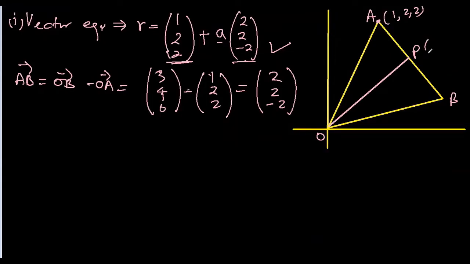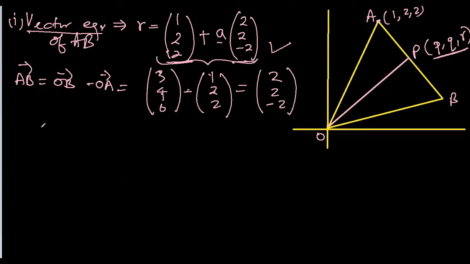Find the position vector of P. Let's give some coordinates to P in form of some alphabets, and those alphabets I'm choosing PQR. Since point P lies on line AB, and this is the vector equation of AB, that means these coordinates will also satisfy this vector equation.